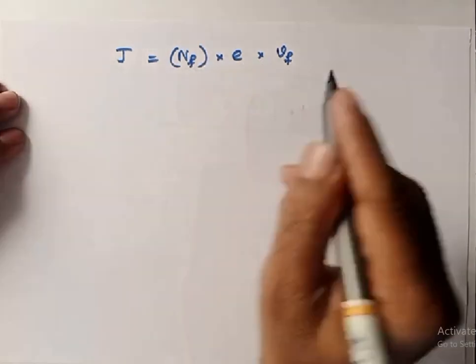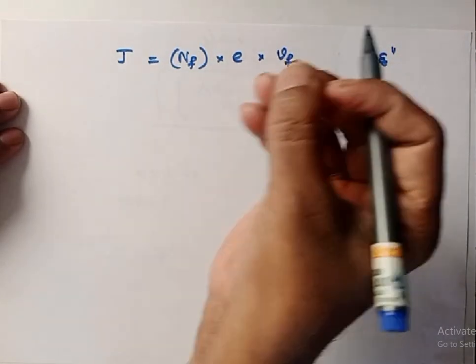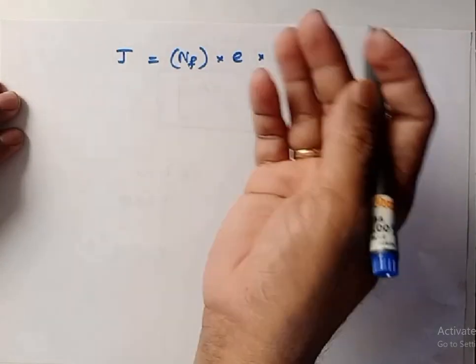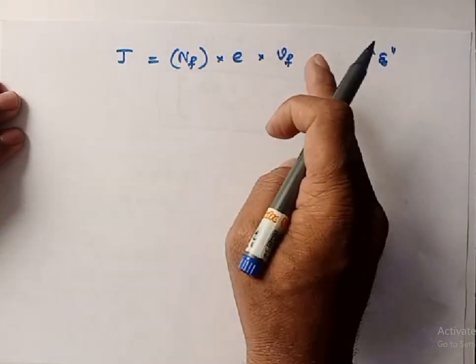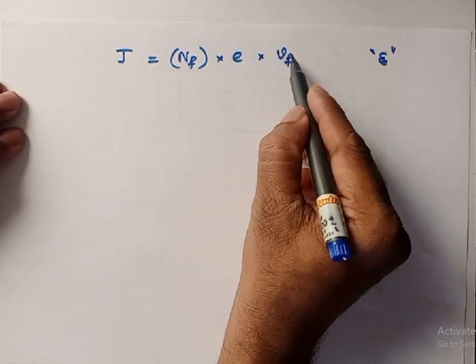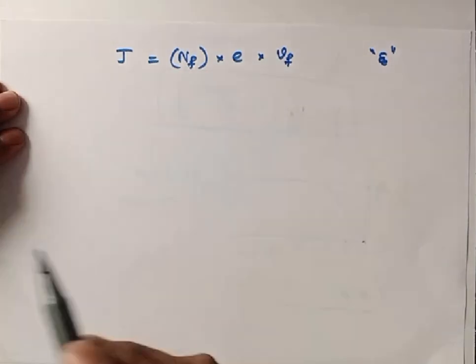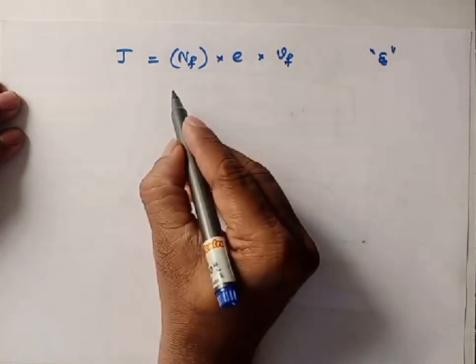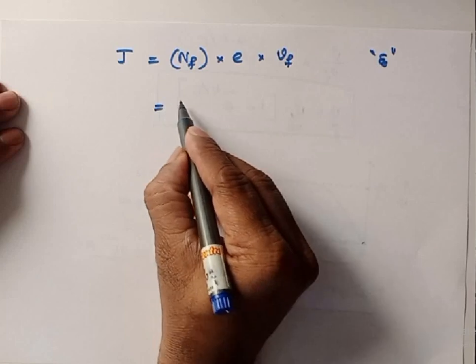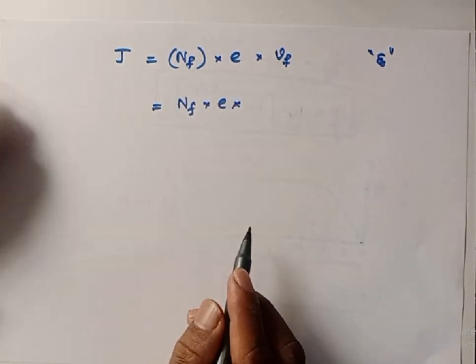When you apply an electric field strength epsilon, after a fraction of a second, roughly 10 power minus 14, the electron will approach the final velocity. So this is the final average velocity of the electrons. If you multiply these three, you will get the current density. Or I can write this as N_f into e into Vf.